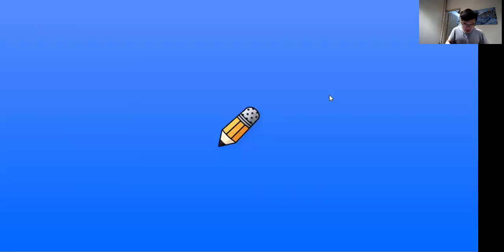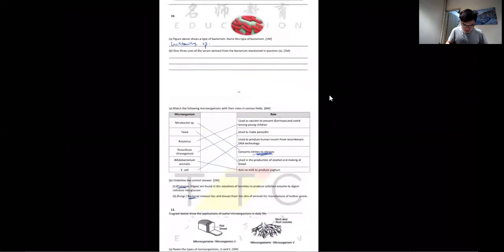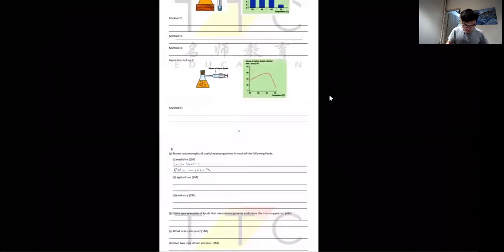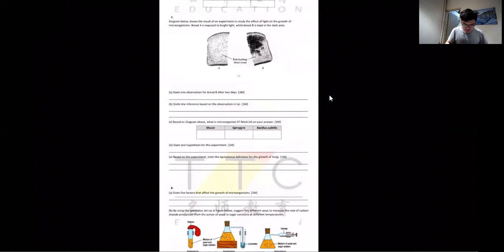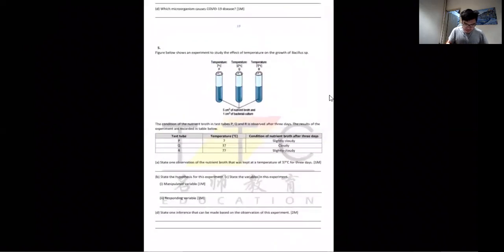All right, so let's go into the exercise. This is the focus for today. Let's go to the exercise first. Let's go to question 5.